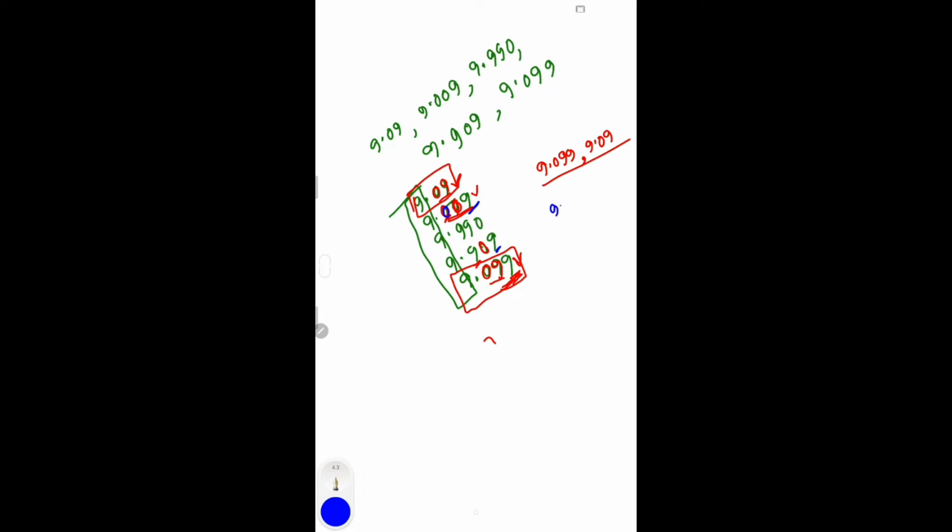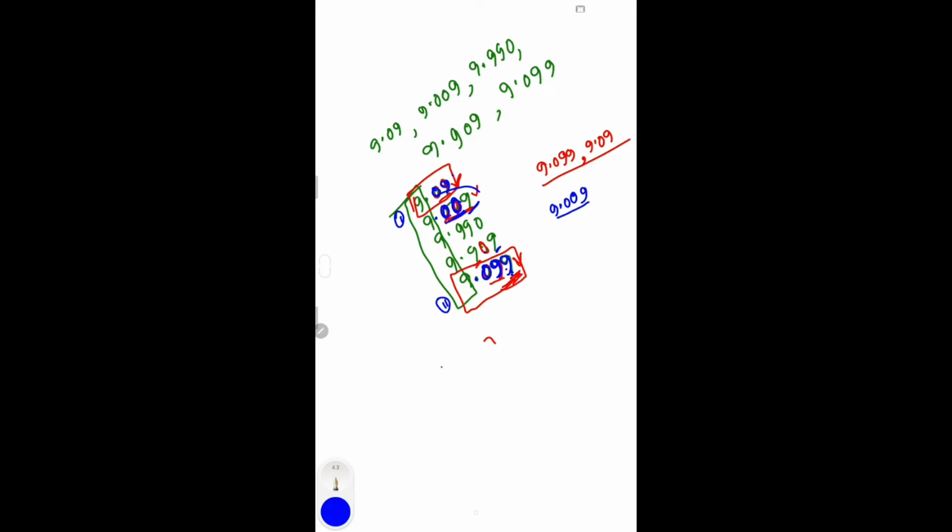So 9.009 is smaller than 9.909, and also smaller than these two numbers, because this number and that number have 09 after the decimal, but this number has 00 after the decimal, which makes the whole number smaller than these two numbers.